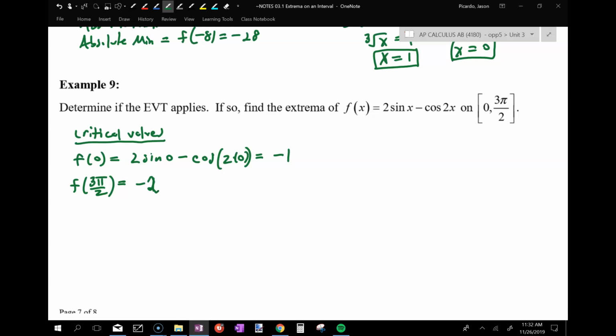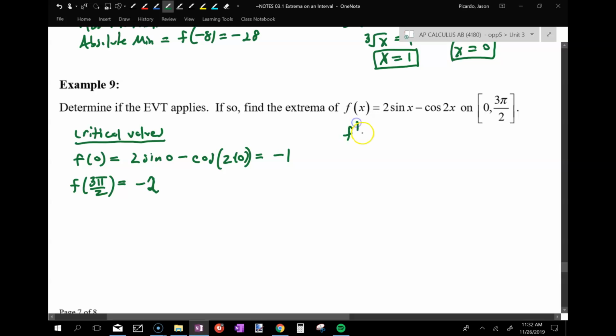All right, what else do we need? The derivative, right? All right, derivative of 2 sine, 2 cosine. What am I going to have to do with this one? Chain rule. What's the derivative of 2x? So I have minus 2. What's the derivative of cosine? Negative sine of 2x. So what is that going to give me?